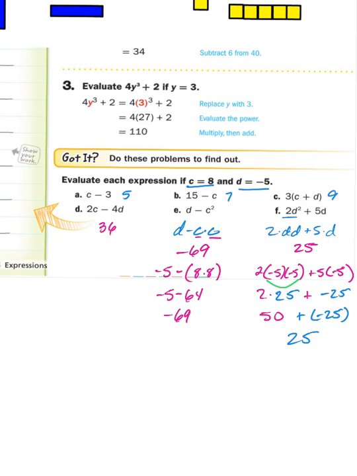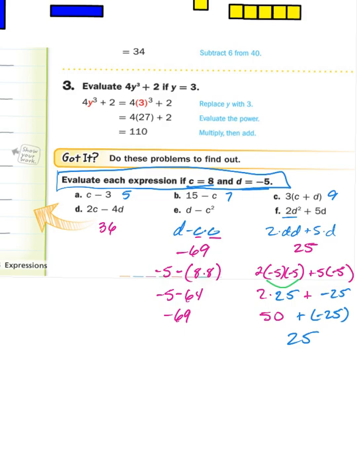Now, guys, if you notice, this is how I've done the work on it. I would say that in your learning journal, you should write down: evaluate each expression if C equals 8 and D equals -5. And you should have written each one of those separately with the variables so that you have an example in your book.